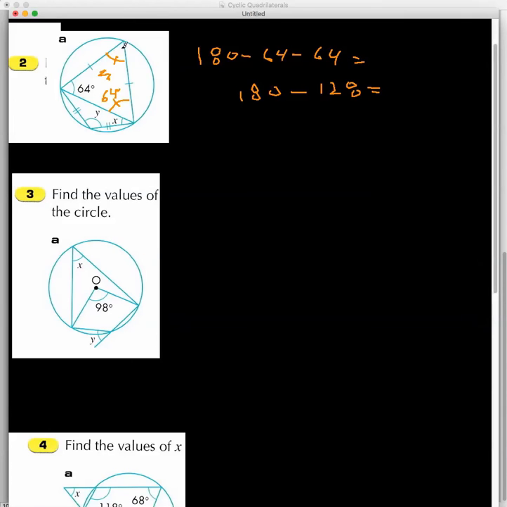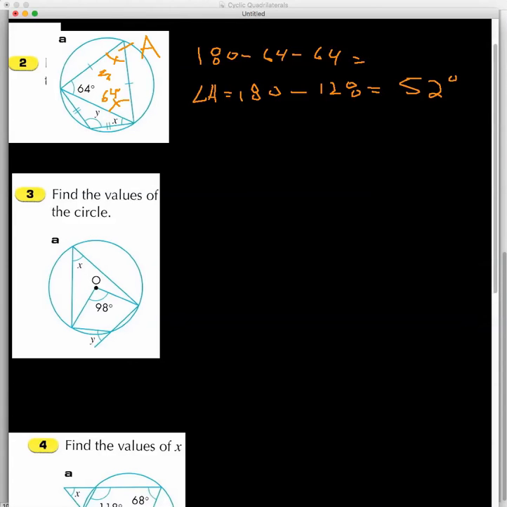So that's going to give me this angle here. I'm going to call this angle capital A. So angle A is equal to, well, let's see, 180 minus 128, 52 degrees it should be. Okay, so that's A. So we have this angle here.